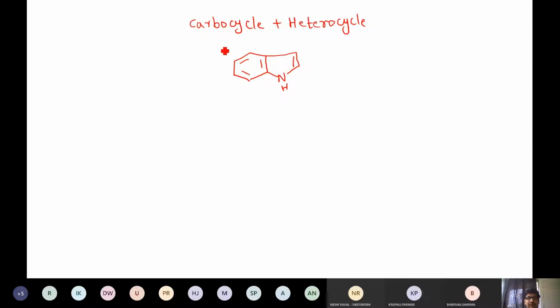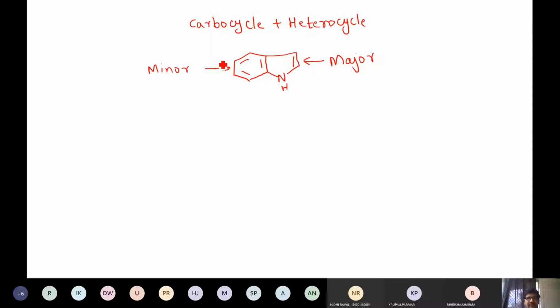Okay. Now if you want to define the IUPAC name of this fused ring, not giving it a trivial name, first thing you have to remember is that in your mind you have to determine which is the major ring and which is the minor ring. In this case it becomes very simple. The ring containing the heteroatom is always your major ring, and the ring which is a carbocycle is always your minor ring.